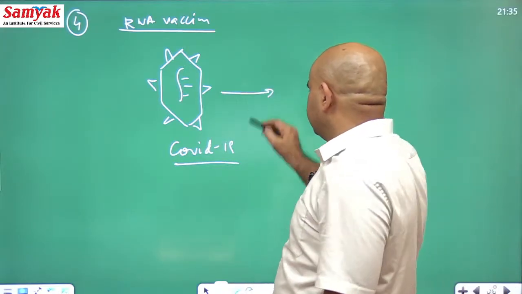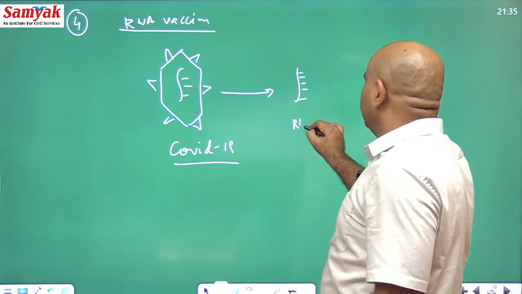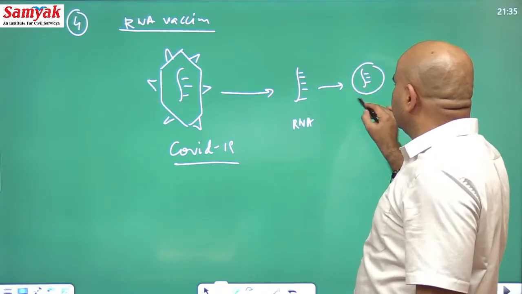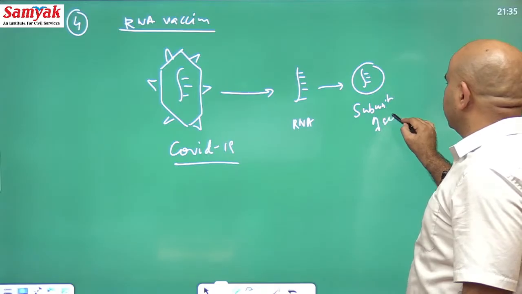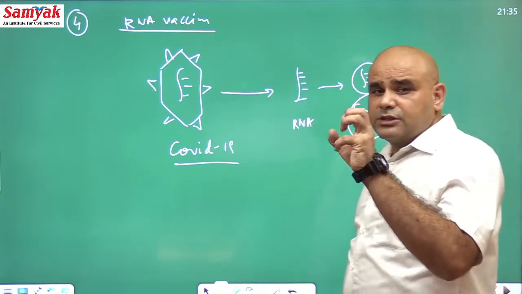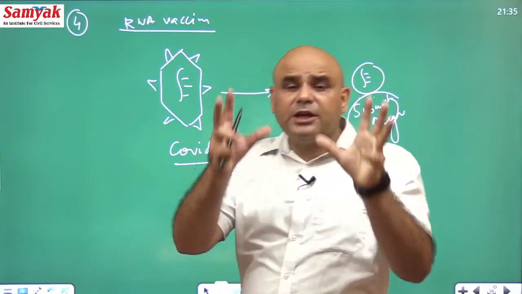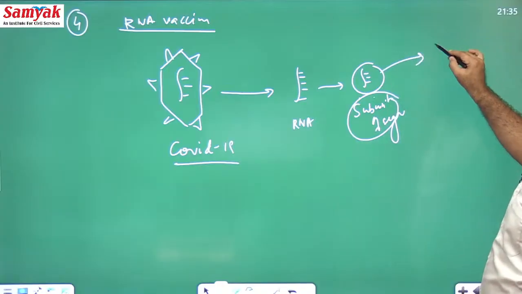Now, out of this virus, we have taken out the RNA of COVID-19. Now, from this RNA, we are supposed to take out the subunit or segment of RNA which is responsible for the production of spike proteins. So this is injected in the human body.